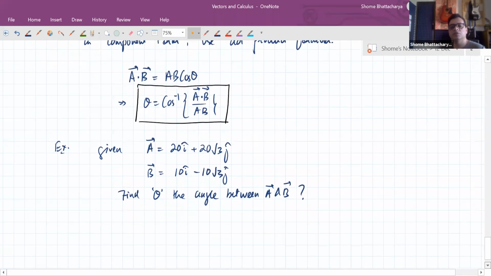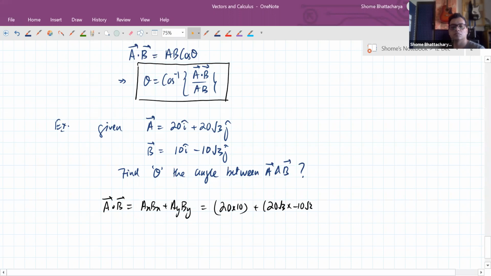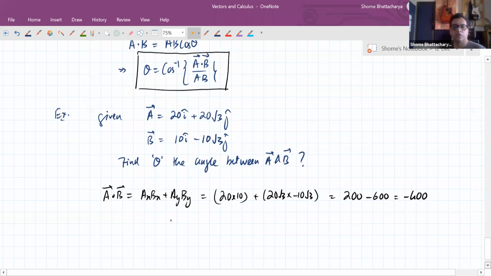So you can see that in this particular case, A dot B, again I've taken a two-dimensional example. So this will become 200 minus 600, or negative 400.